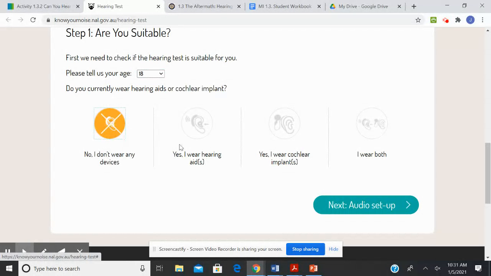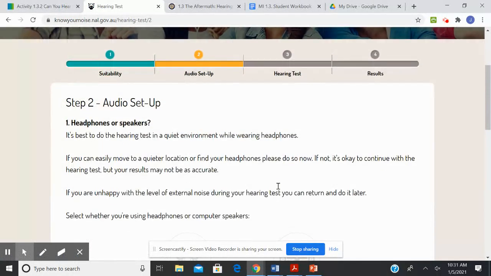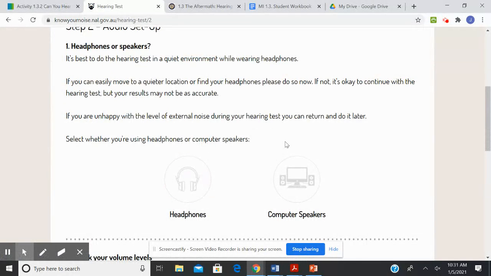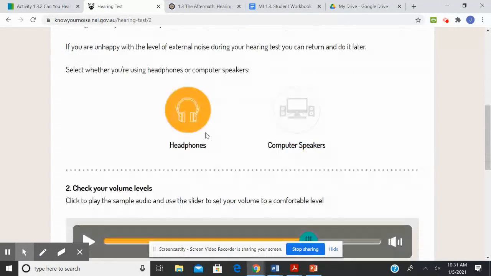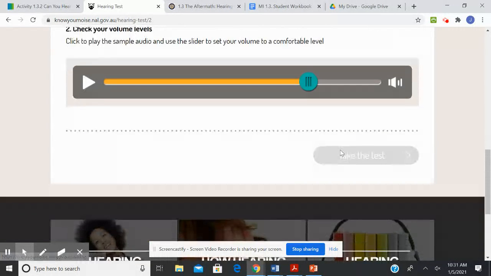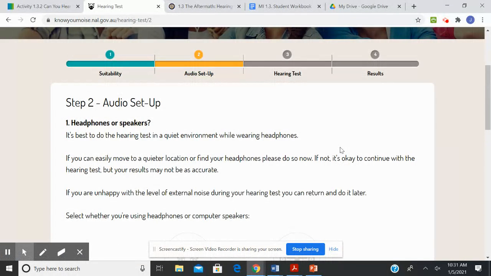No, I don't wear any devices. Okay, and then set up. You set your audio up for that, and you will take the test from there. Basically, it'll keep asking you to do the test and the external noise, and you try to understand what's being said or pick up what number is being said during that hearing test.